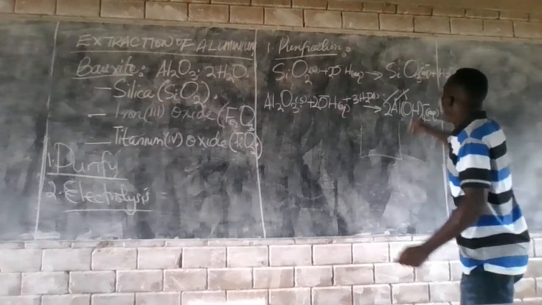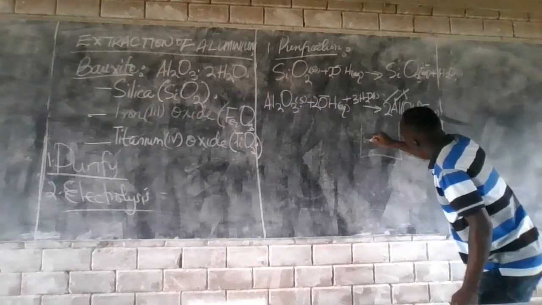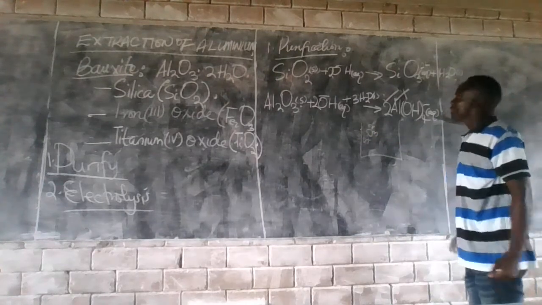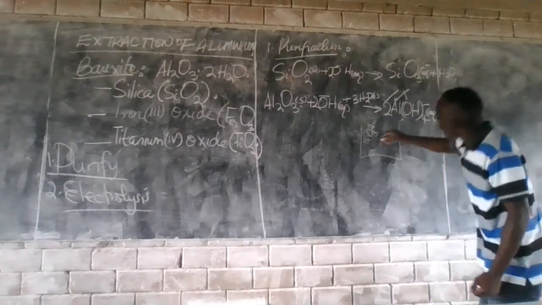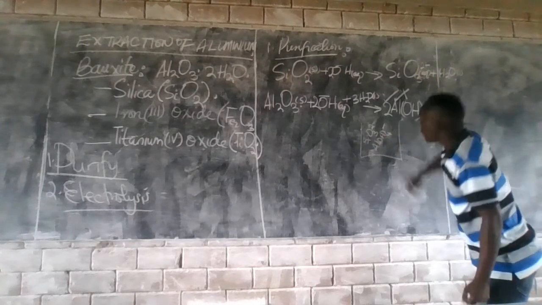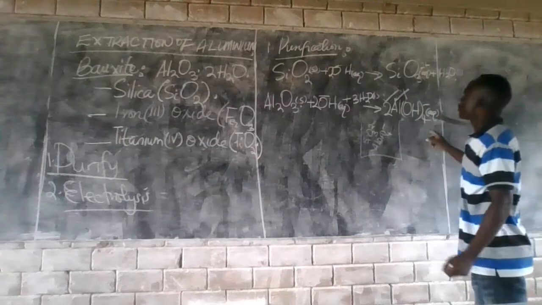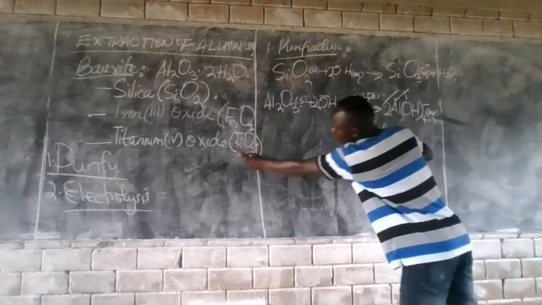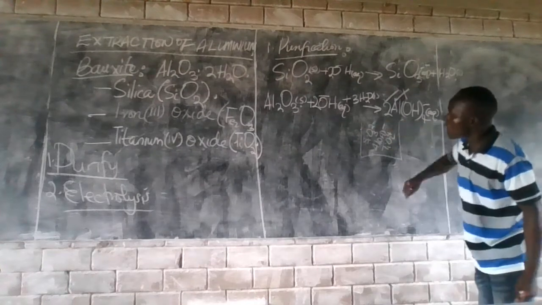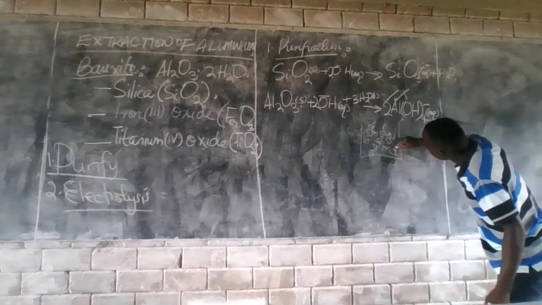Here now, we are going to have silicate ions, aluminate ions, and also titanium 4 oxide and iron 3 oxide.